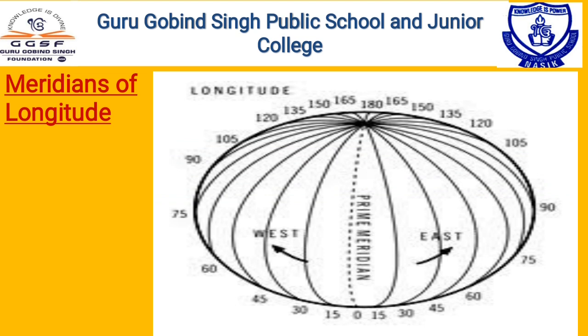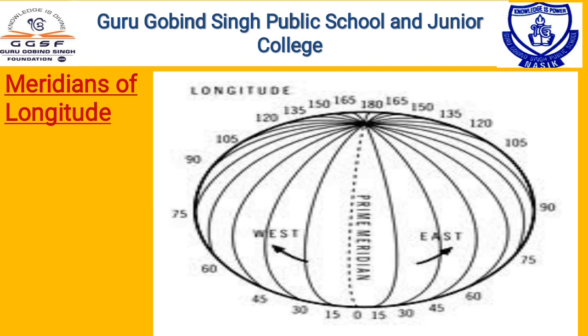Among these meridians, one meridian is considered to be the 0 degree meridian. Can you see the 0 degree meridian in this picture? Yes. That 0 degree meridian is also known as the prime meridian. Opposite the 0 degree meridian lies the 180 degree meridian.